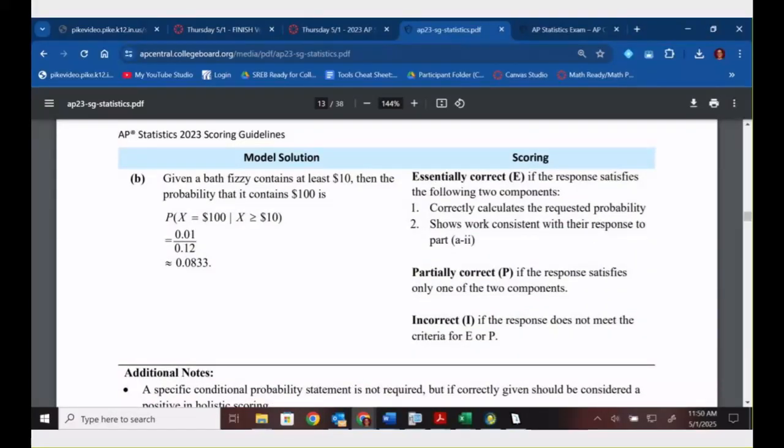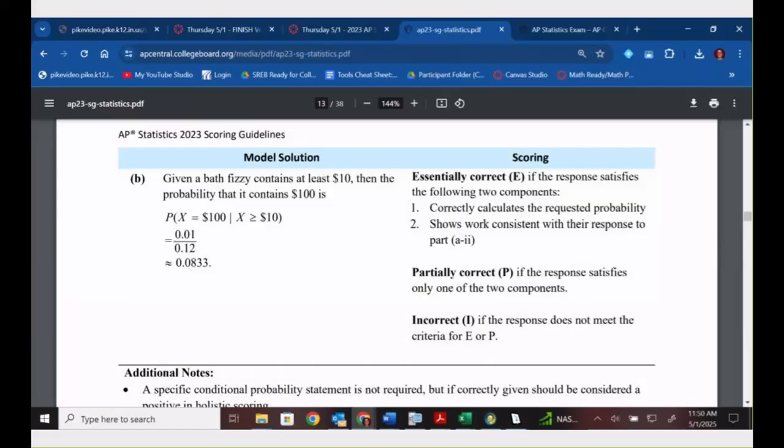There were 2 components here, correctly calculating the requested probability and showing work consistent with the response. So this is the probability of getting $100 given that it contained 10 or more. The probability of containing 10 or more was calculated in part A, that was 0.12. And the probability of getting 100 would be 0.01.